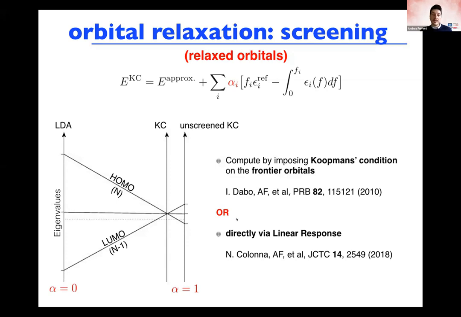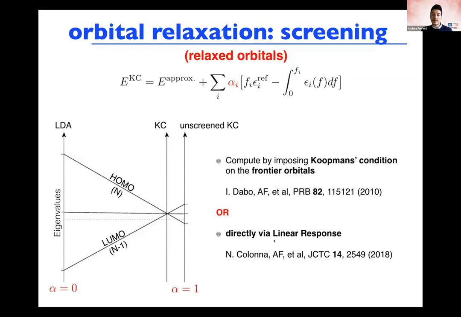So one could either use supercells and finite differences, changing the number of electrons, and compute alpha such that the HOMO of the neutral system is equal to the LUMO of the cation. Very similar also to some of the ideas discussed by Leo Kronig on the first day.